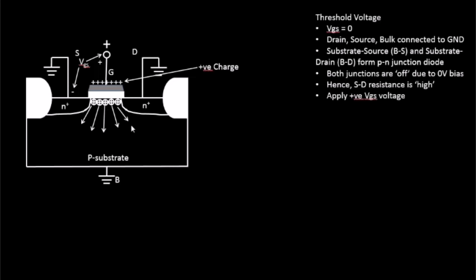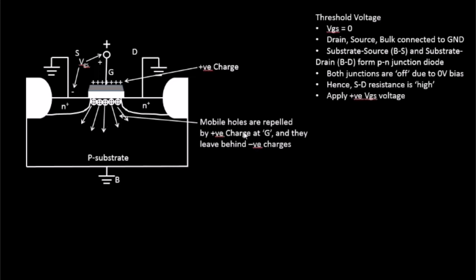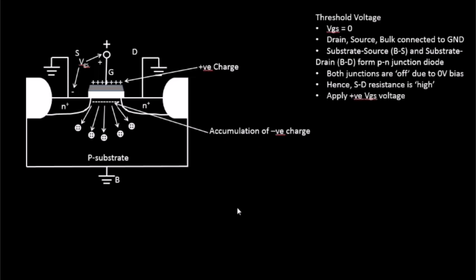That's basic device physics, which we are going to learn in some other videos. Let's not worry about that in this section. So when these holes get repelled from their area, they leave behind negatively charged ions. Let's say the positive mobile holes, when repelled, move in this direction, and you see an accumulation of negative charges over here. This is just the first layer of negative charges that you see.